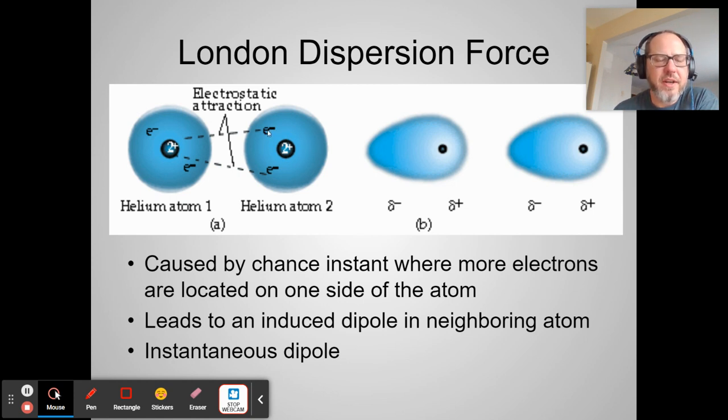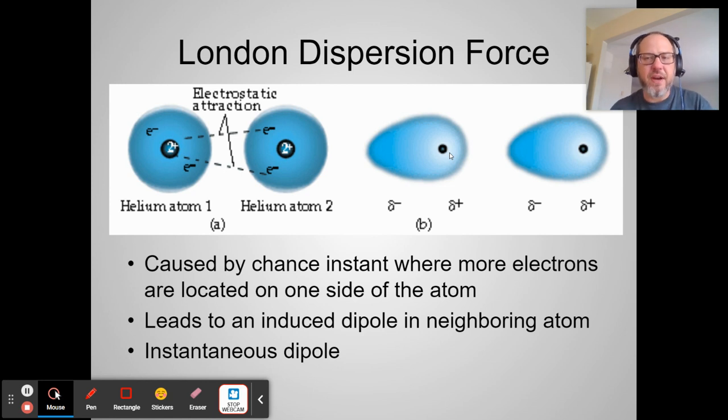And so this would impart an attraction to the nucleus of the neighboring atom. And so the electrons are attracted to this nucleus. This electron's attracted to this nucleus, right? And you could get a temporary polarity within that atom towards the other atom. So you have kind of a partial magnet being formed, but it's very instantaneous.